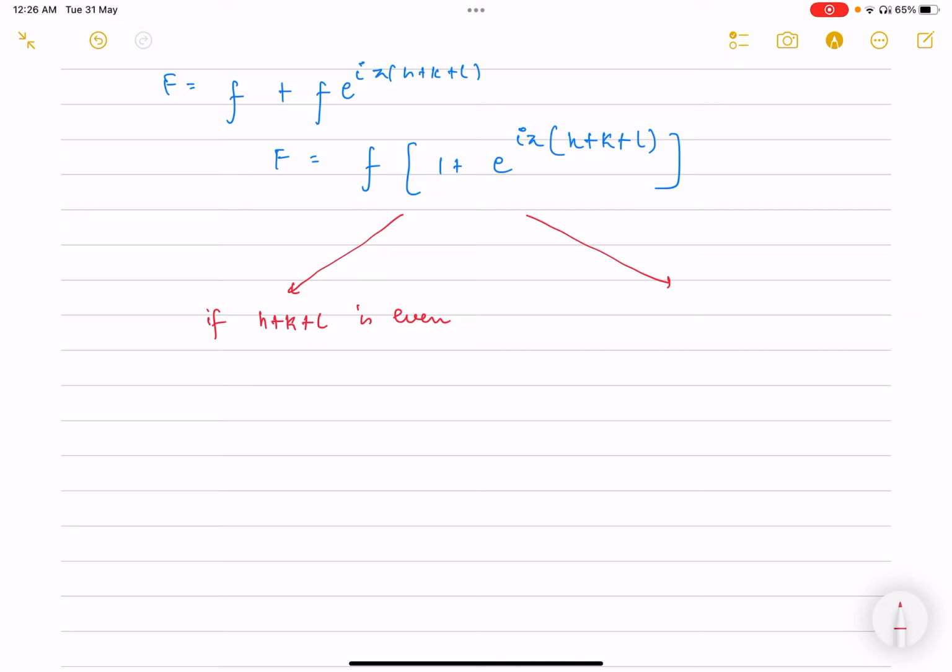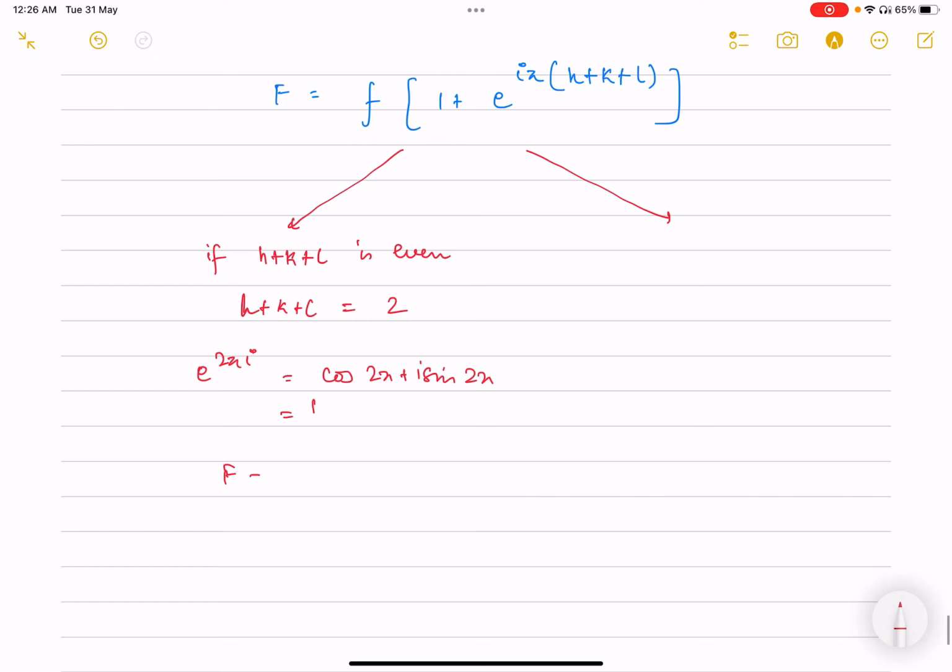Since this is even, it will be like 2π or 4π, which gives 1. Suppose h plus k plus l is 2, then it will be e^(2πi), which is cos 2π plus i sin 2π, which is 1.